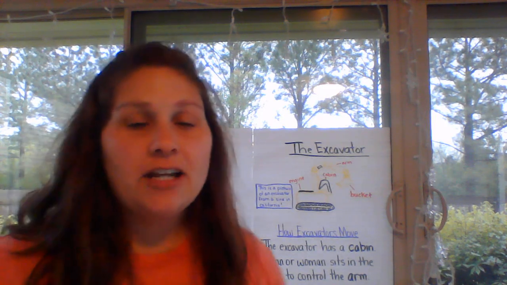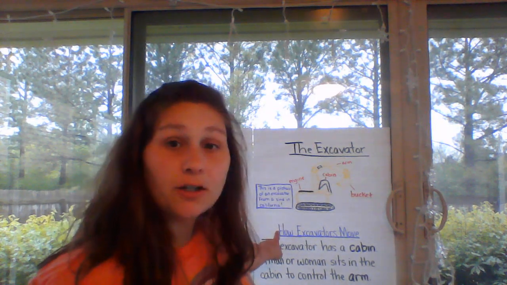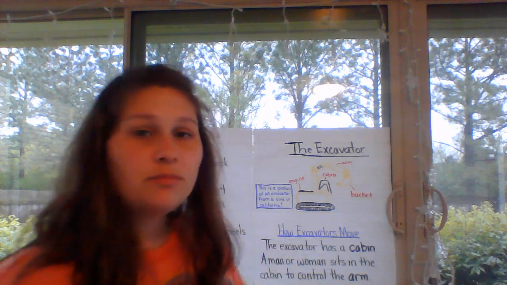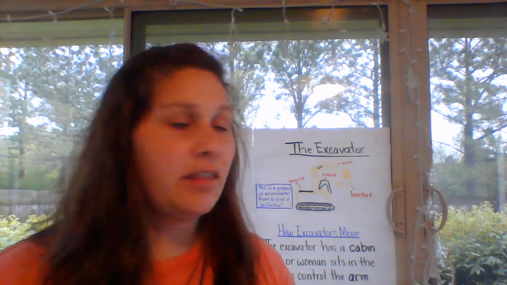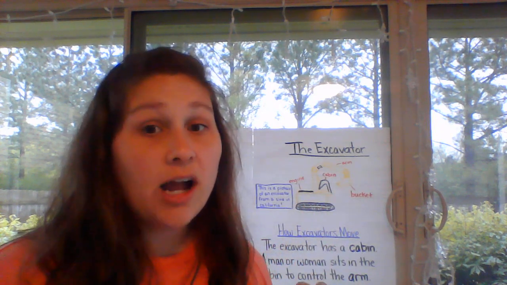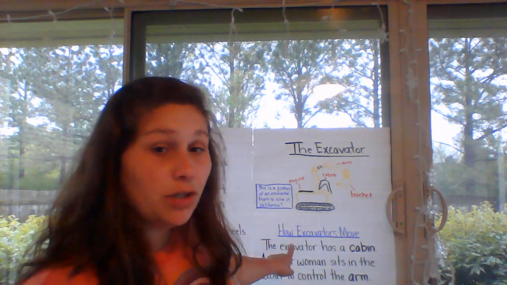After you have decided what you want your caption to be, you are going to come up with a subtitle or heading. For me, my first part is how excavators move. So I've created that. Then I would like for you to come up with 2 or 3 sentences to put underneath that subtitle that talks about that subtitle. So remember, mine is how excavators move.